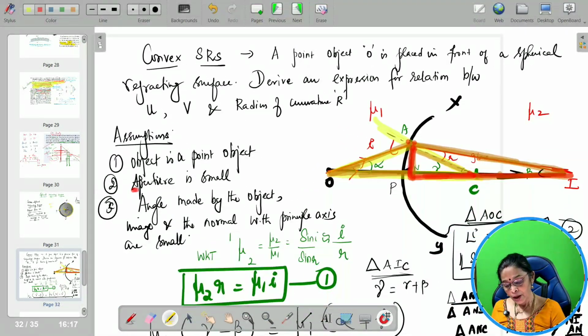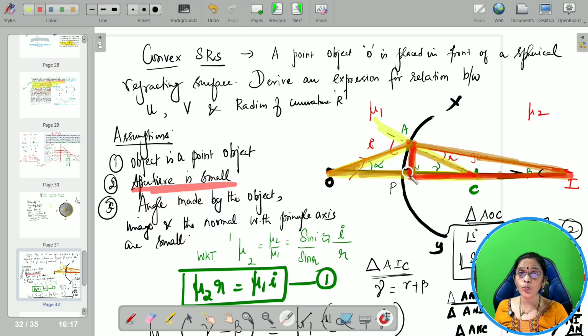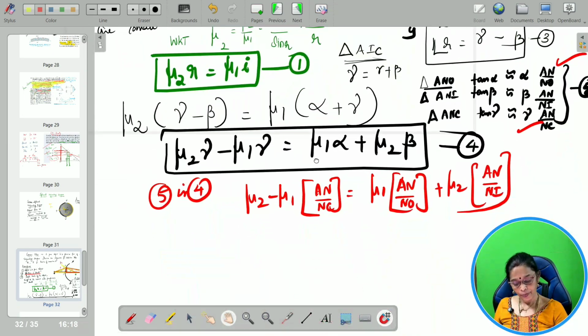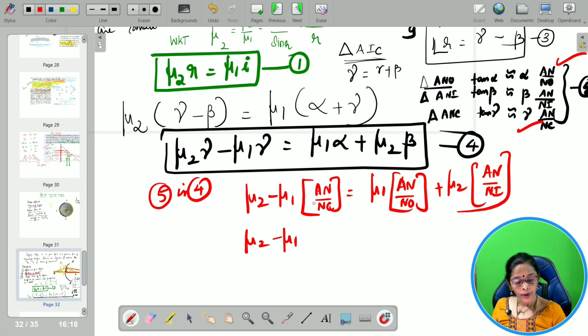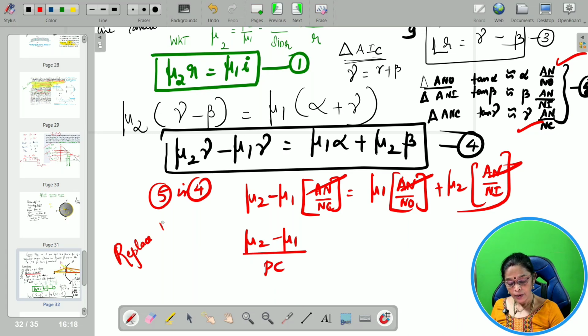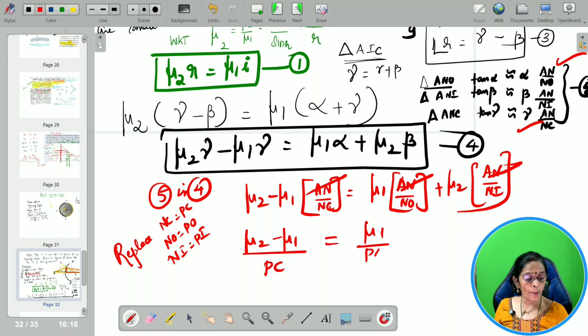Since the aperture is very small, the point N lies very close to point P. So wherever you write NO, write it as PO, because the N to O distance is approximately equal to P to O. So AN gets cancelled. Replace NC with PC, NO with PO, NI with PI. Therefore, mu2 minus mu1 by PC is equal to mu1 by PO plus mu2 by PI.